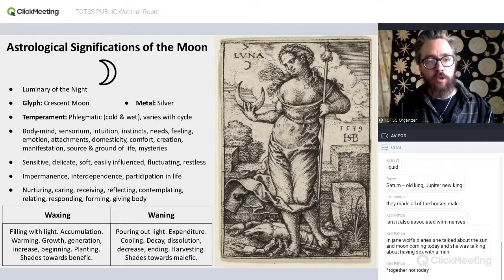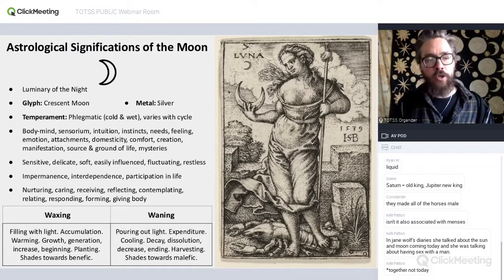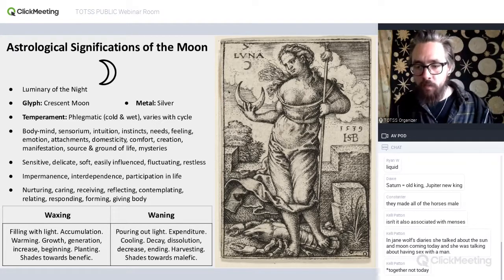The moon also signifies things like nurturing, caring, receiving, reflecting, contemplating. Again, reflecting can be like reflecting the light of something else, but also an inner reflection on things, or digesting information. That's all very lunar as well. Reflecting, contemplating, relating, responding, and again, that idea of giving form or body to things.